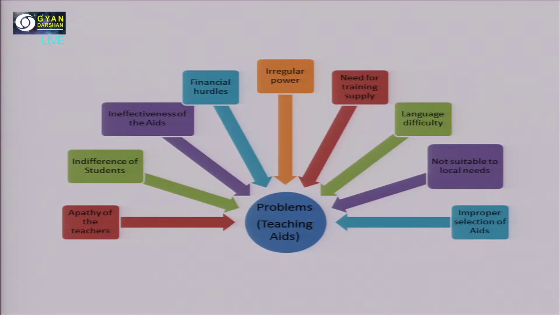While using digital resources, the main constraint a teacher faces is irregular supply of power. That is also important, as are the need for training supply and language difficulty. What type of language are we using for that particular teaching aid? How do we present it? That is also important.